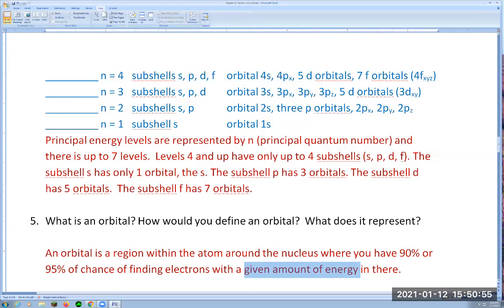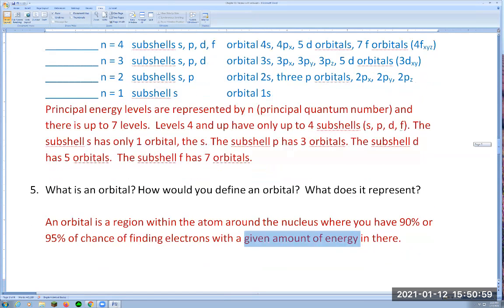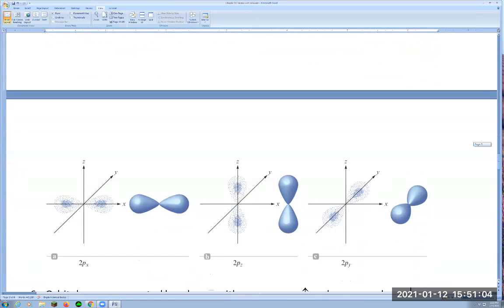And when you know that region, there is a 90% or 95% chance of finding the electron within that region. And the electron will have a given amount of energy associated with that orbital, right? We said that electrons can only have very specific values of energy. And here there is another drawing showing again the p orbitals. Actually I like this because typically we represent the orbitals as envelopes, but you really have to understand that this envelope is actually representing the 95% chance of finding the electron inside that space.